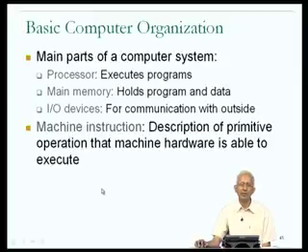Similarly, there may be a separate instruction to add two 32-bit floating point values, and corresponding to that instruction there might be another piece of hardware, another circuit inside the processor which can do the needful as far as that instruction is concerned. So there's going to be a correspondence between the different machine instructions and the different pieces of hardware inside the processor.